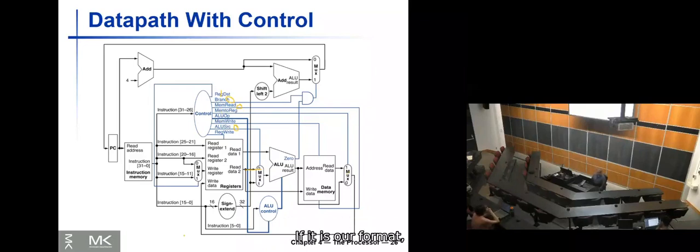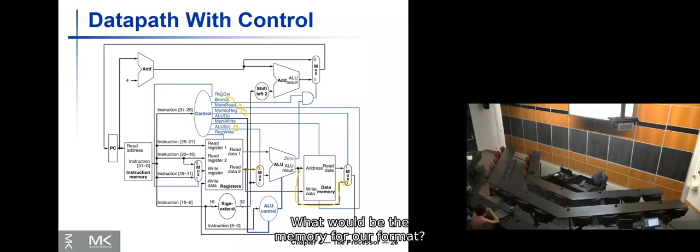If it is R format, we want to update the register file using the ALU result, so mem to reg should be 0. ALU op depends on the function, on the add, and, or something. I don't look at that.